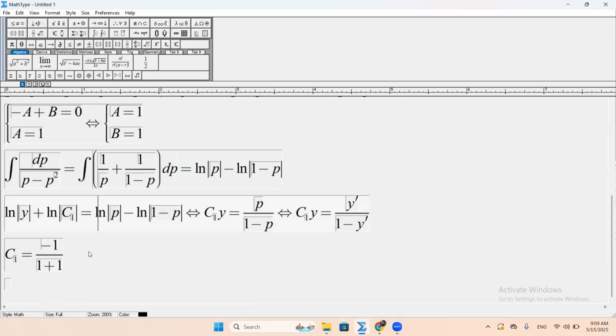So here we see that C1 equals minus 1/2.